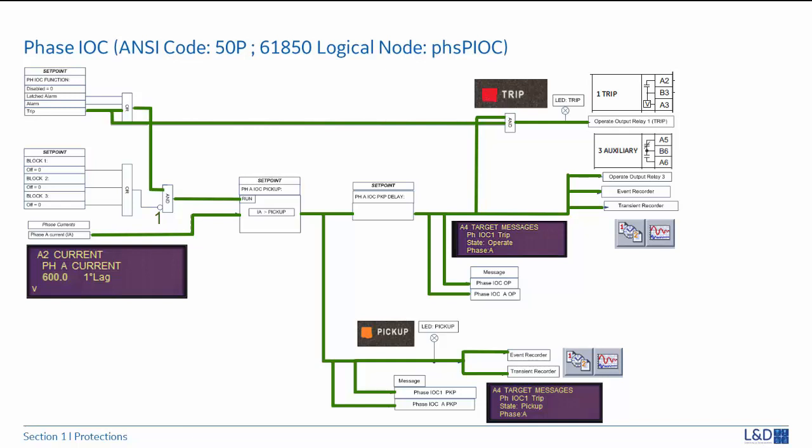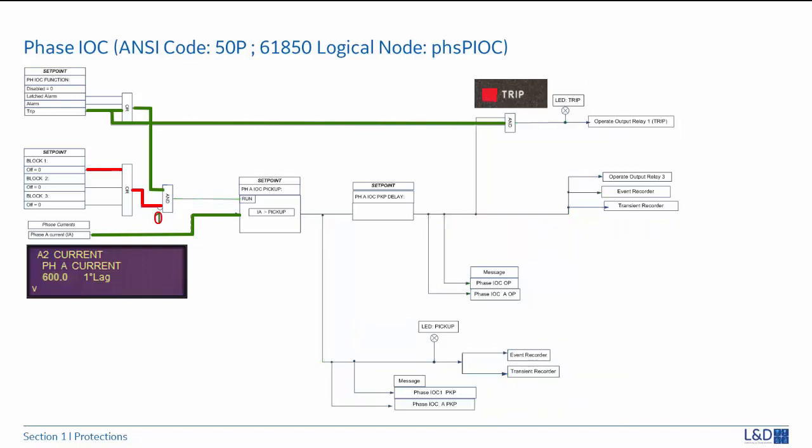When block input 1 is asserted, then pickup and operate operand will all drop out. Trip LED stays on until reset button is pressed. That will be covered in the logic diagram of output relay.